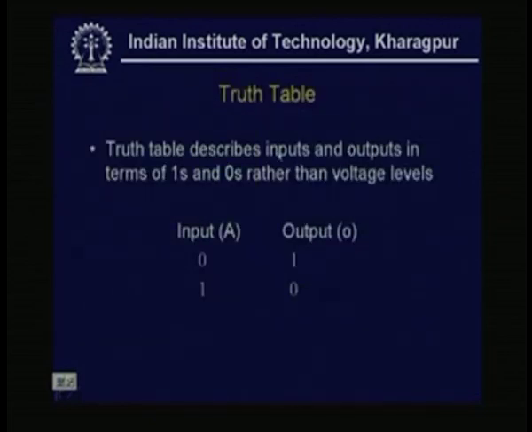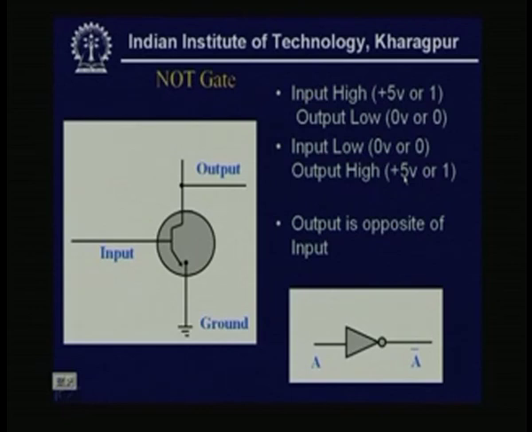Another thing is the truth table. A truth table describes inputs and outputs in terms of ones and zeros rather than voltage levels. Just now, we gave a 5 volt power supply as input, so my voltage level is either plus 5 volt or 0 volt.